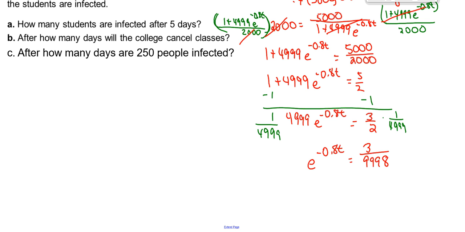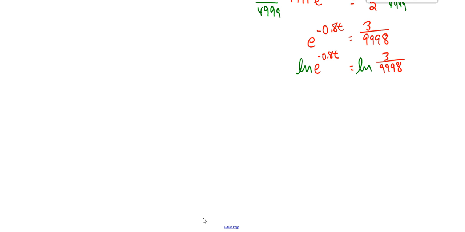And then we're going to take the ln of each side. And so the ln of this and the ln of that, and the ln of e to the negative 0.8 t equals the ln of 3 over 9,998. And on the left-hand side, we get negative 0.8 t equals the right-hand side just as is, ln of 3 over 9,998.